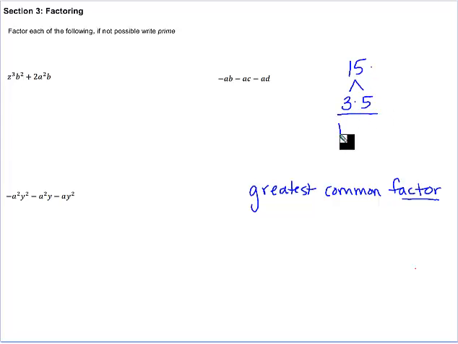If you wanted to factor, say, 18, you go, okay, well, 18 is 2 times 9. But 9 is 3 times 3, so the factors of 18 would be 2 times 3 times 3. So 2, 3, and 3 are all factors of 18. That's essentially what we're doing, except for now we're going to have expressions. So there will be variables in there as well. So we're going to be looking for the greatest common factor in these, otherwise known as the GCF.